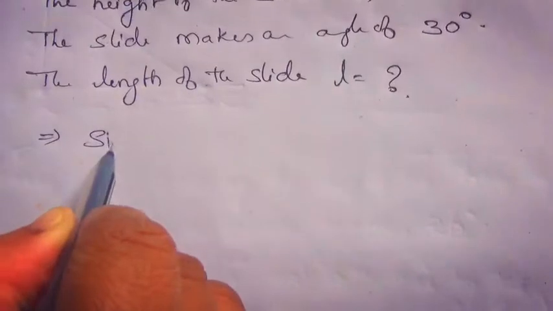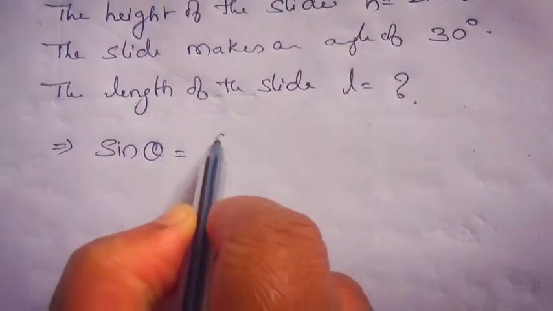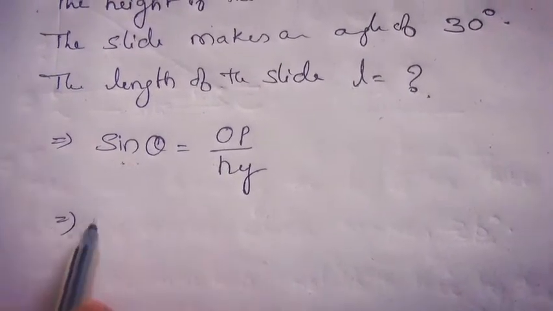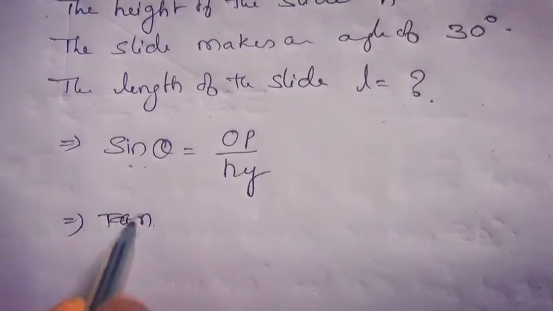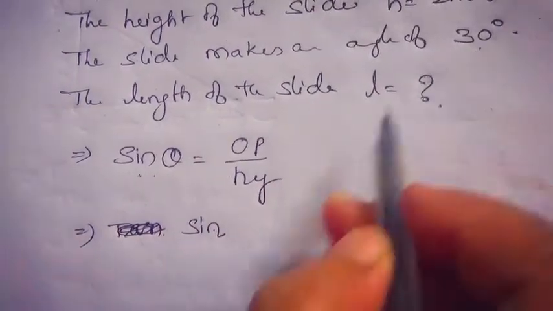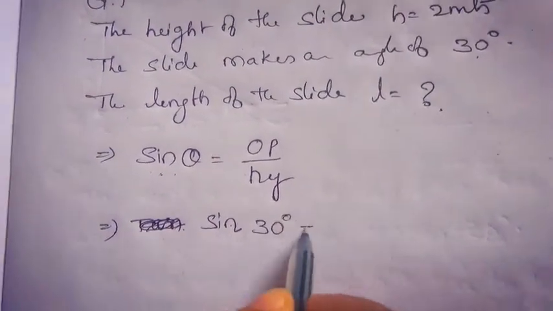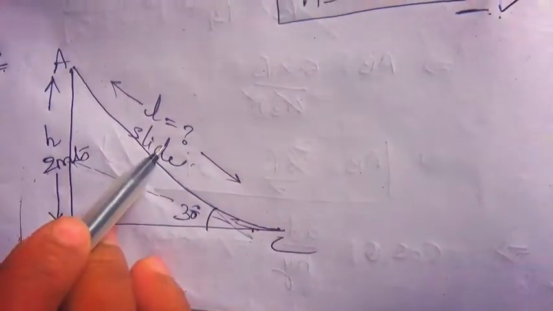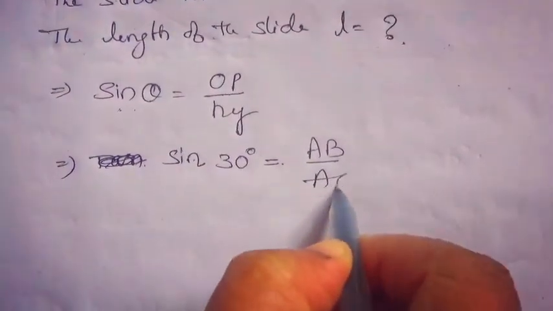So sine theta is equal to opposite by hypotenuse. The angle is 30 degrees, so sine 30 degrees is equal to the opposite side AB by the hypotenuse AC.